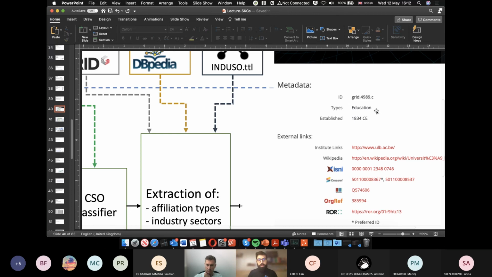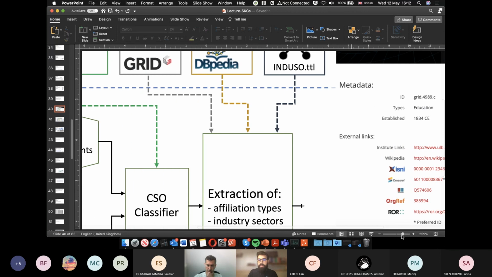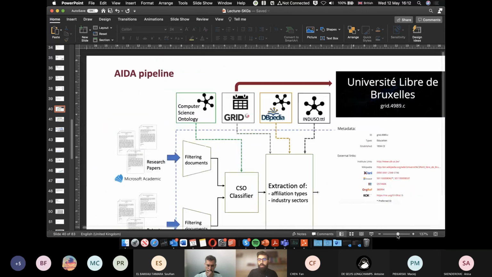The second problem is that it's true that from the papers we are able to extract affiliations, but sometimes it's very hard to connect affiliations with the existing GRID ID, because there is a process. I found this paper that is written by Angelo at the Open University.